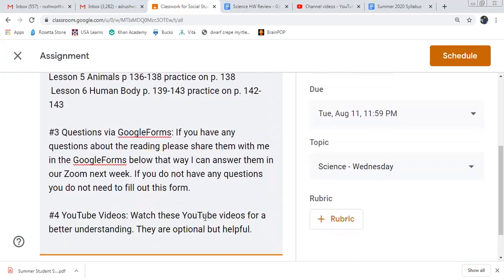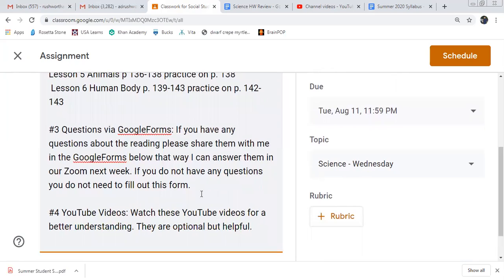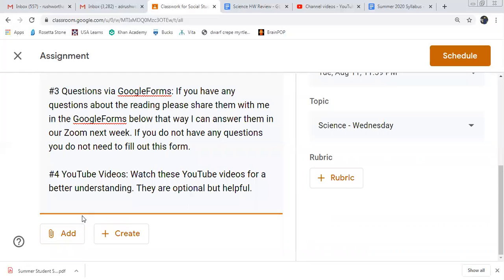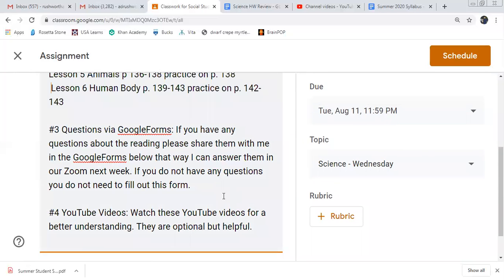That way I can answer them in our Zoom next week. So very similar to what you're being asked to do for social studies, please write down your questions now. If you ask me them straight up in our next Zoom, I may not have the answers. So if you give me them now before you forget, I will answer them in our next Zoom. I have to add that in still, but it'll be there.